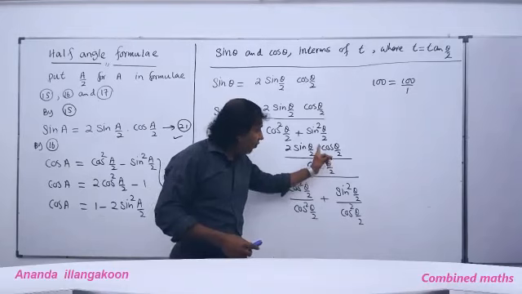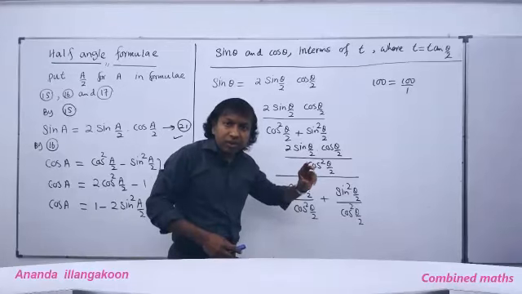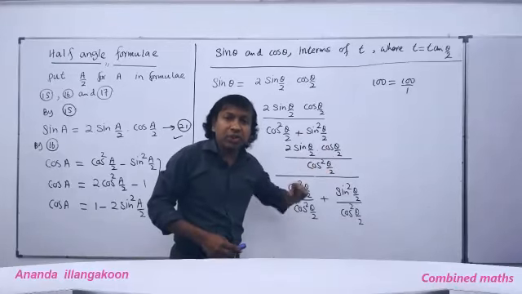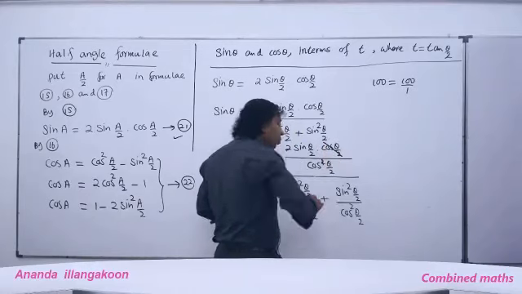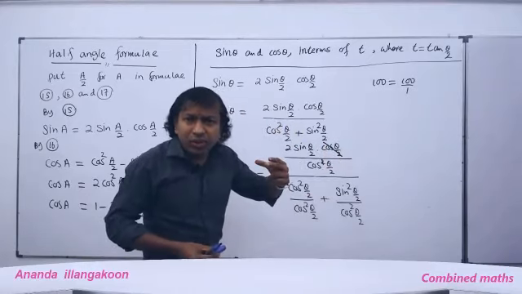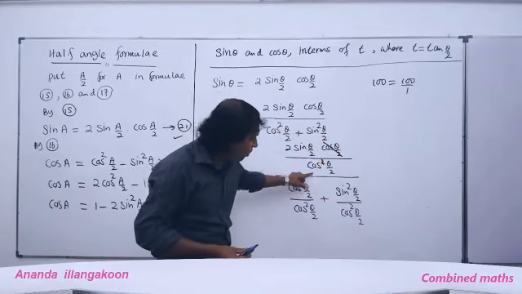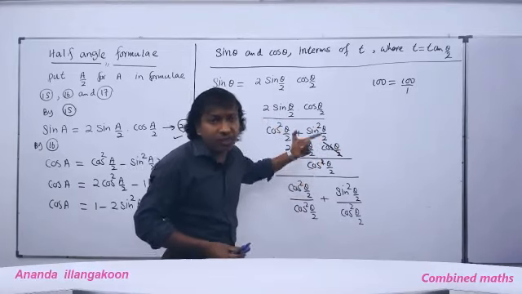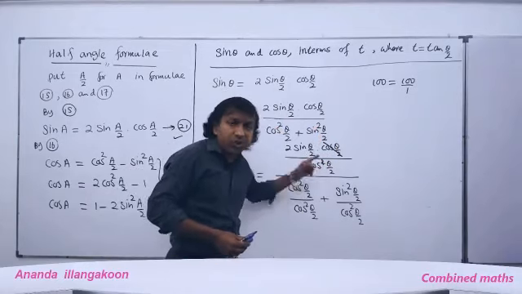Finally, after cancelling this, only one cos theta by 2 term should be here, no? To remain such a way, we cancel down this cos theta by 2 with this 2. Why? When you remove that 2 from there, our expectation will be okay. We should get here cos theta by 2, no? That will come. It doesn't say this cos theta by 2 we cancel down with this 2.